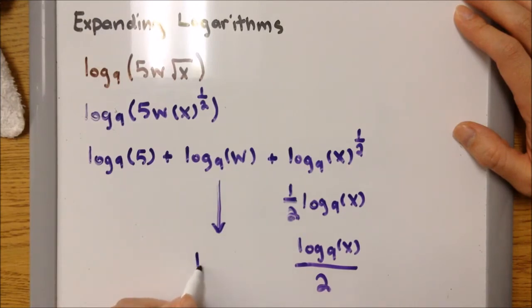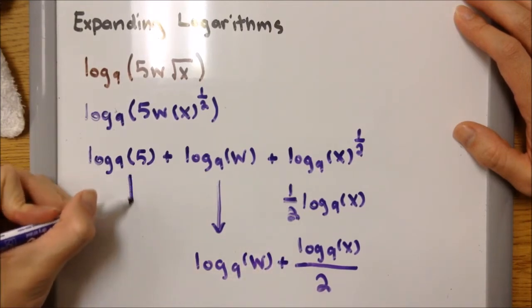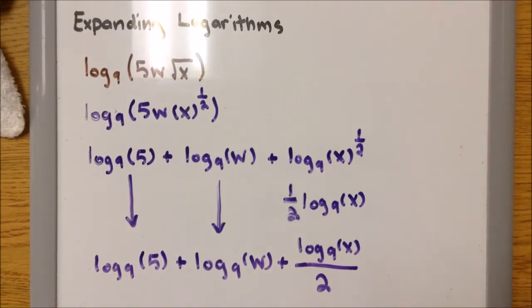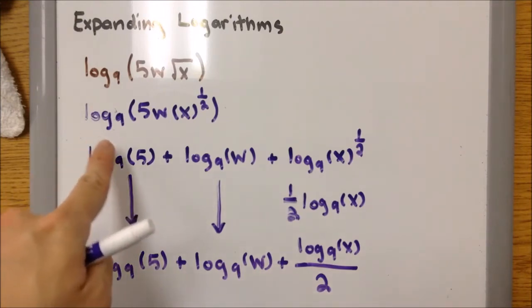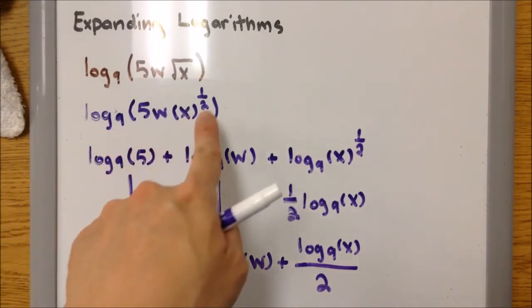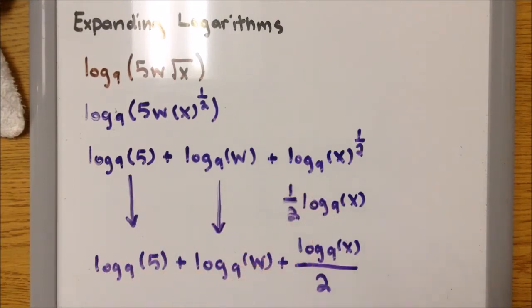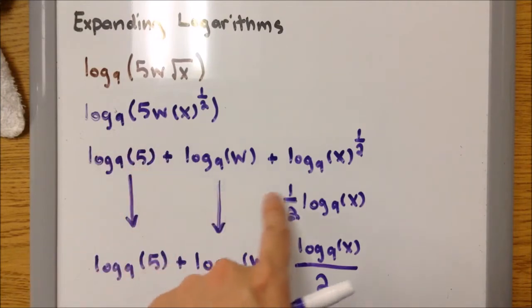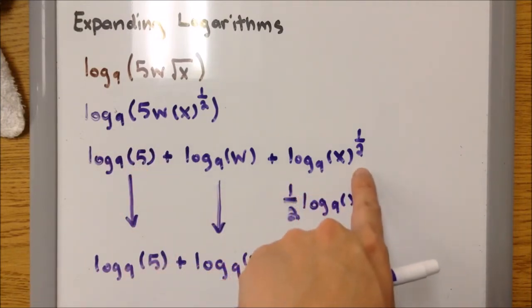So log base 9 of w, plus, and then I'm going to bring the first one down, log base 9 of 5, plus. So again, I split log base 9 of 5w x to the power of 1/2 into 3 separate logs, and I didn't do anything to the first 2 logs because there's nothing we could do, but the last one we can because it has an exponent.